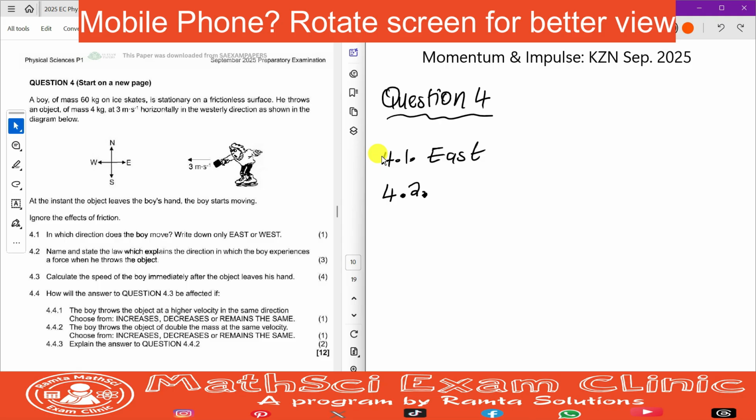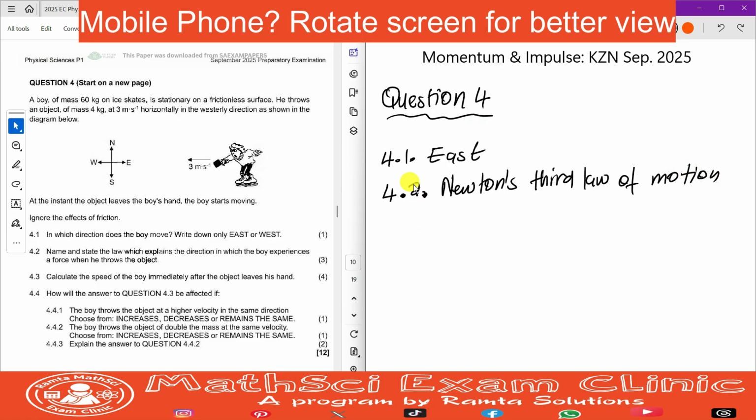Now, name and state the law which explains the direction in which the boy experiences a force when he throws the object. The law is Newton's third law of motion. So what does it say?